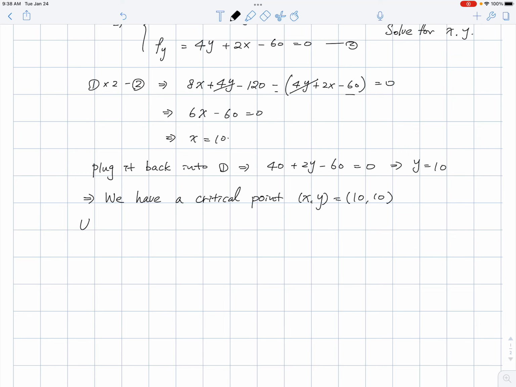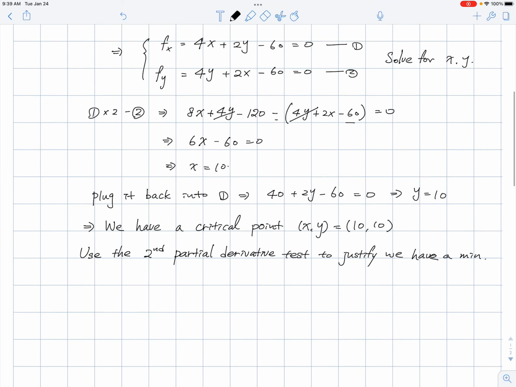But we need to justify, with the second partial derivative test, that we have a minimum.